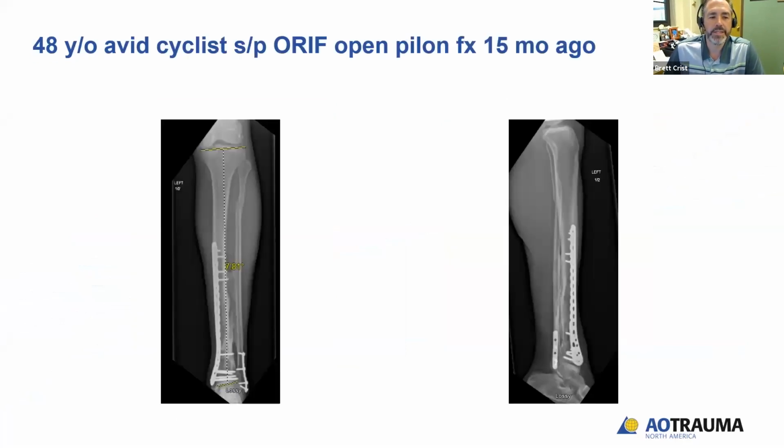And so why are you here? Well, most of us do see patients that come in with difficulties after fractures, or maybe they have congenital deformities. But this is a 48-year-old avid cyclist who had a type 3B open pilon fracture that was fixed 15 months ago, that was referred.